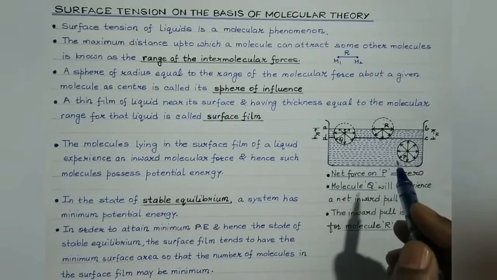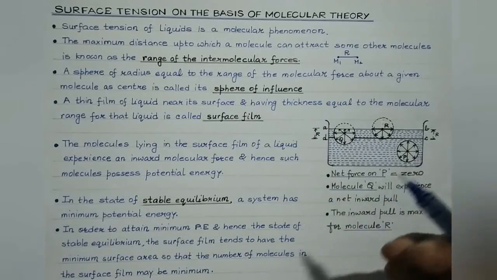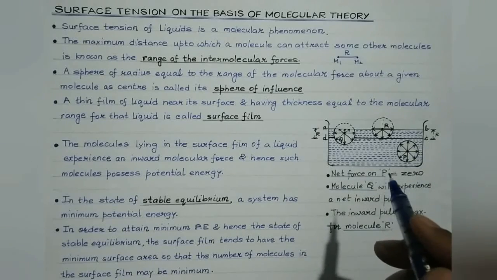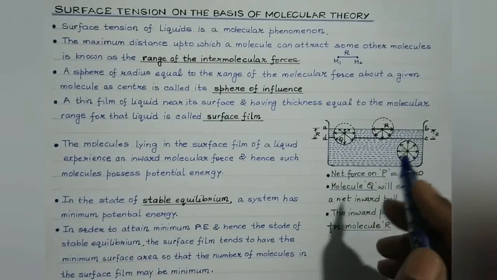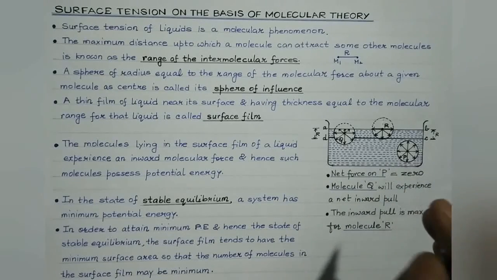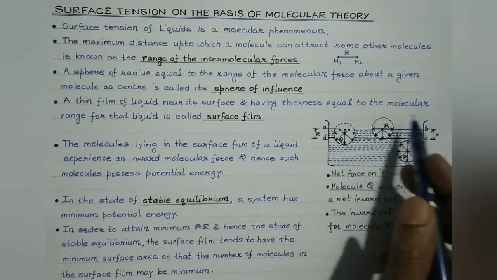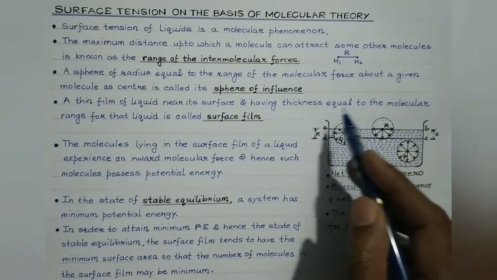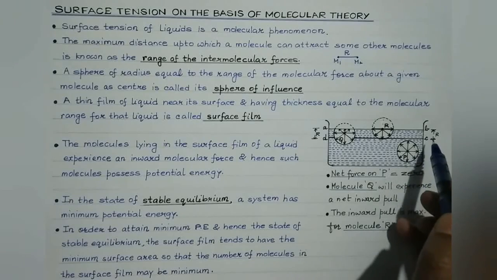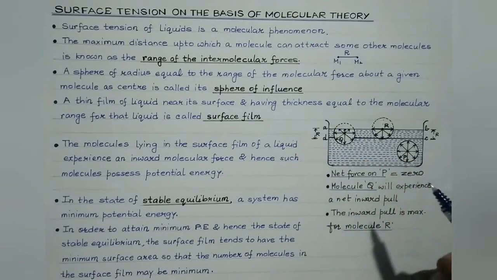Now, we are aware, students, that any system tends to attain the state of stable equilibrium, and in the state of stable equilibrium, the system possesses minimum potential energy. So this system will also tend to possess minimum potential energy.